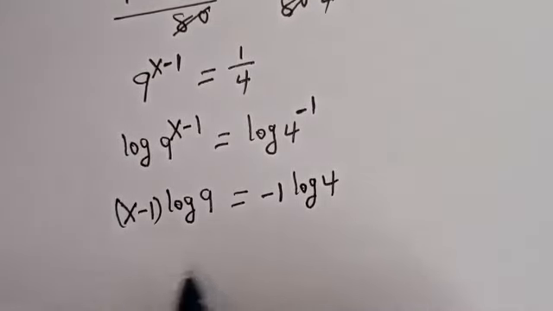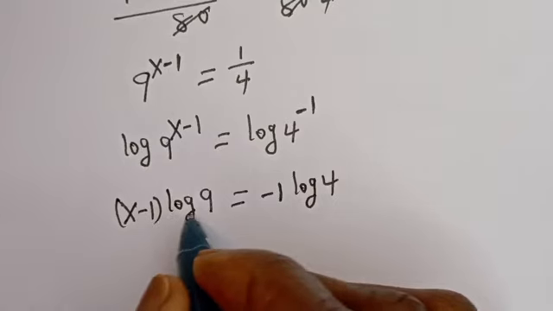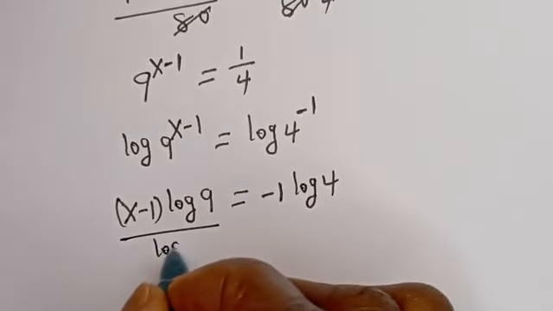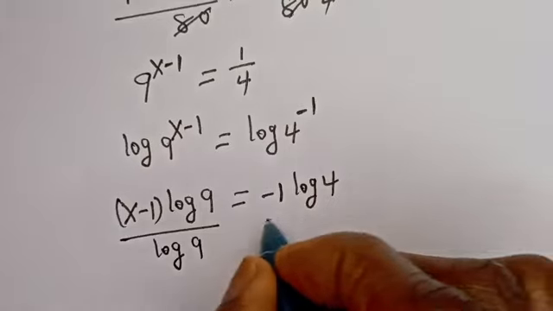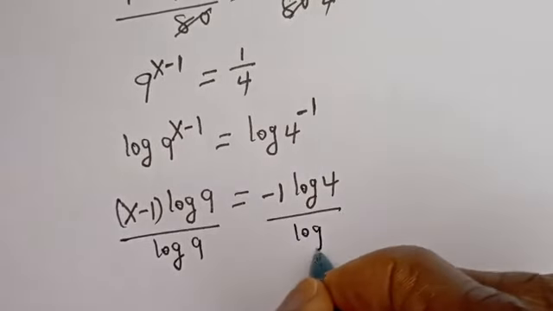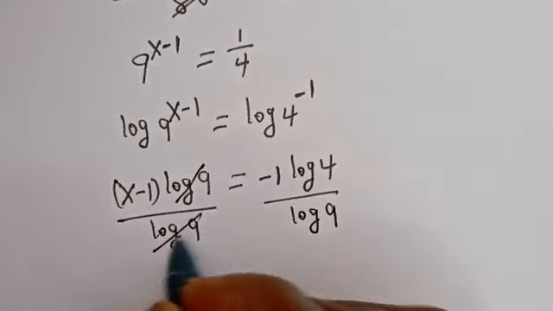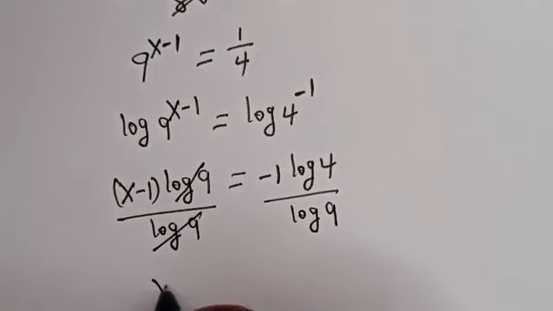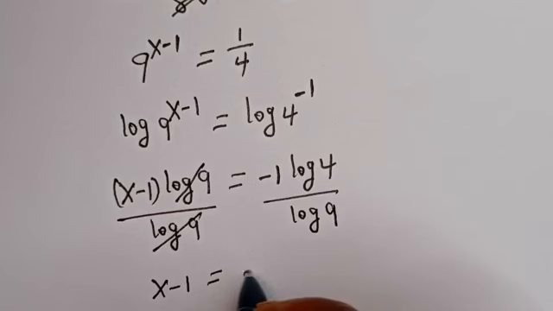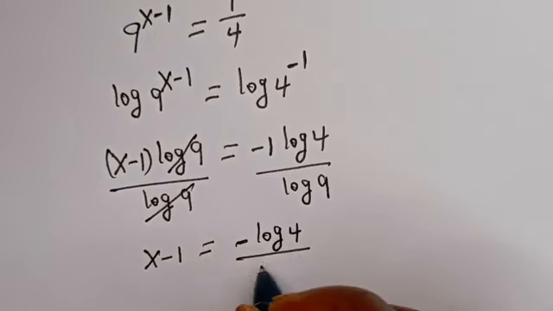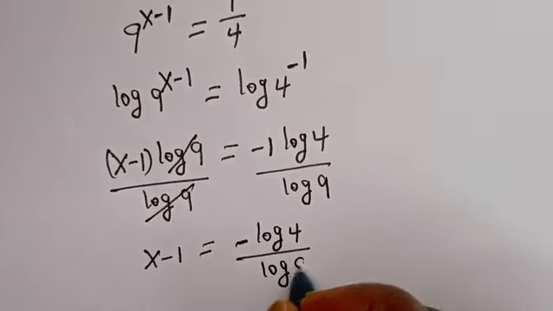Then here is, let's divide both sides of this equation by log 9 divided by log 9 divided by log 9. This will cancel this. x minus 1 equal to minus log 4 divided by log 9.